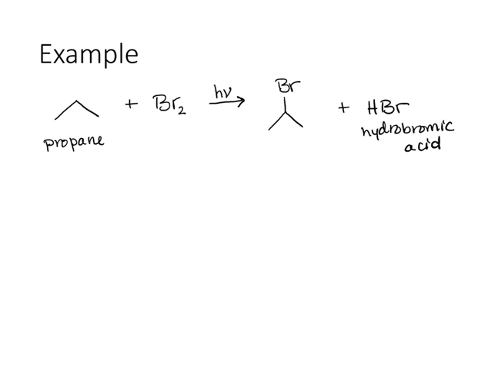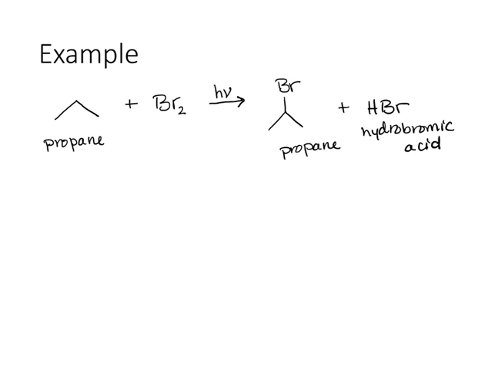So real quick, let's just name the other product. How would we name that product? So what is our longest carbon chain? Well, we have 3 carbons in a chain, so that would be propane.